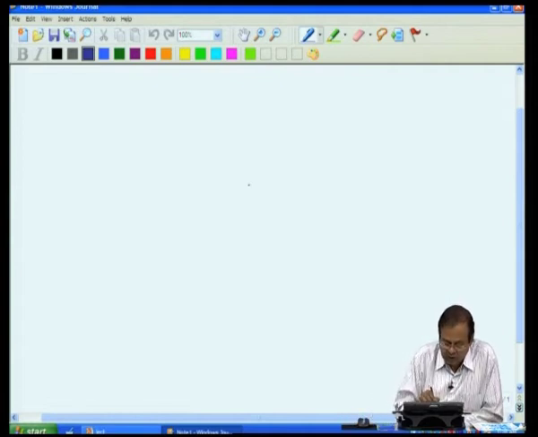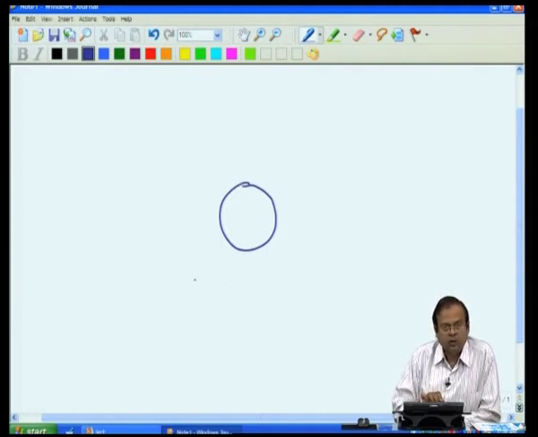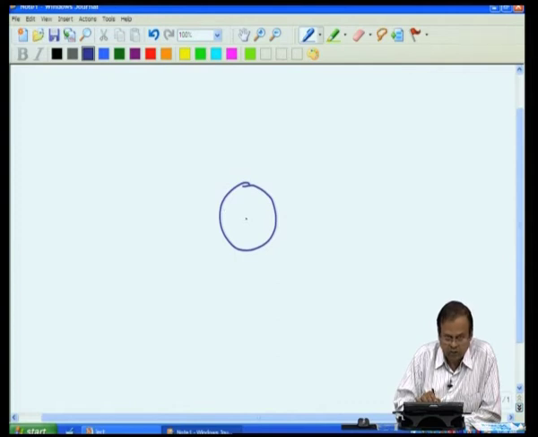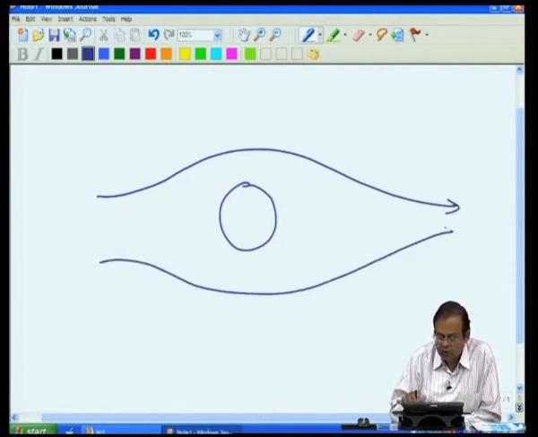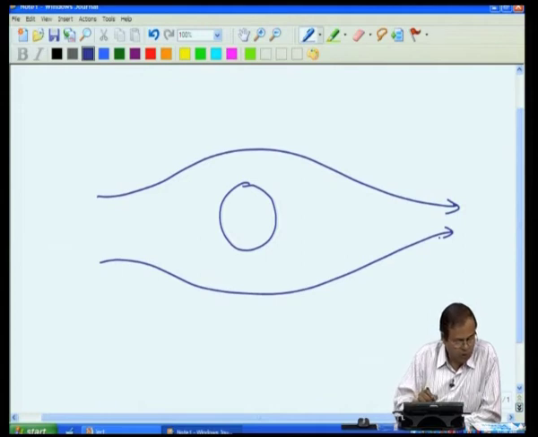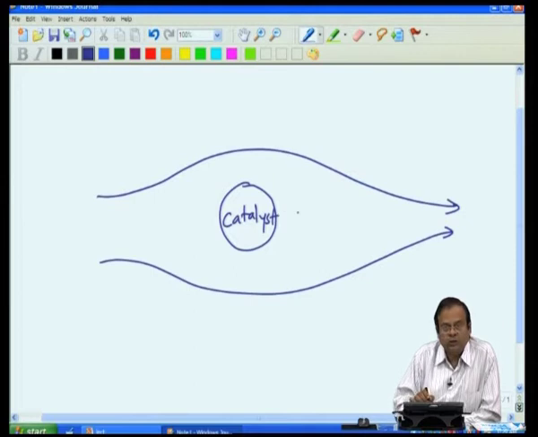So, once again this is my catalyst, it is a porous catalyst. So, reactions are going to take place inside, but for the time being we will focus only on what is happening outside. So, let us say that there is a gas which is flowing past this solid catalyst. So, it is a situation of flow past a solid surface.